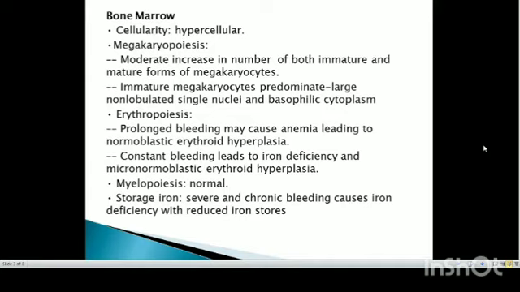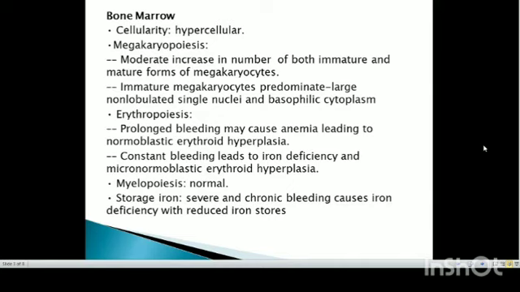Now coming to megakaryopoiesis, the bone marrow shows a moderate increase in the number of both immature as well as mature forms of megakaryocytes. Immature megakaryocytes predominate, and they have large non-lobulated single nuclei and basophilic cytoplasm.